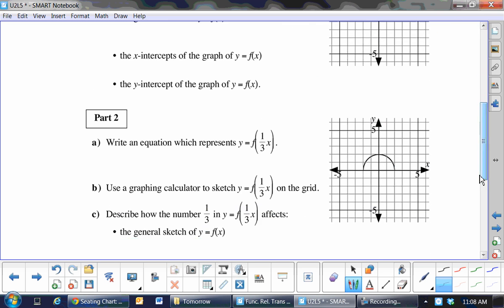Okay? Well, next one. y equals f of 1/3 x. Okay? So this is a replacement: x gets replaced with 1/3 x. That is a horizontal stretch, again, by a factor of 3 about the y-axis.